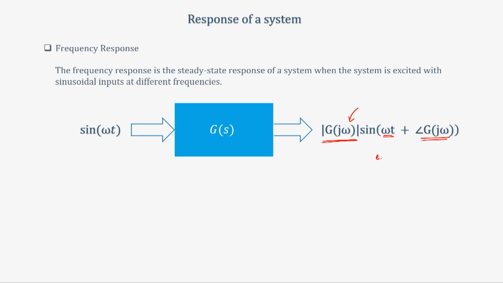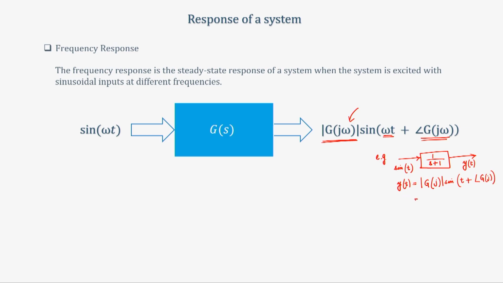So, for example, suppose the system was 1 by s plus 1 and the input that you are giving is sine of t, say. Then the output of this system, let me write down y(t), will be equal to the magnitude of G(j omega), omega is 1 in this case, times sine of omega t plus the angle of G(j).